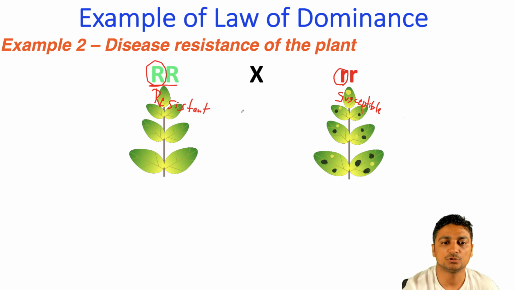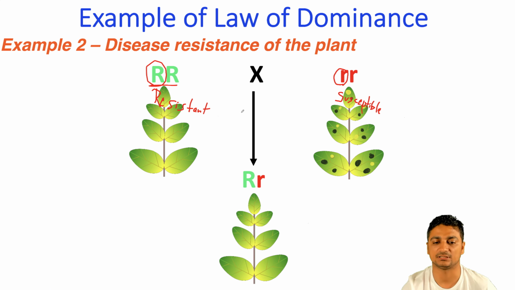So the hybrid will show only one character out of resistant and susceptible, it will show only one trait. So that is going to be a resistant progeny. Capital R and small r is going to be resistant. This is dominant parent, this is recessive parent.